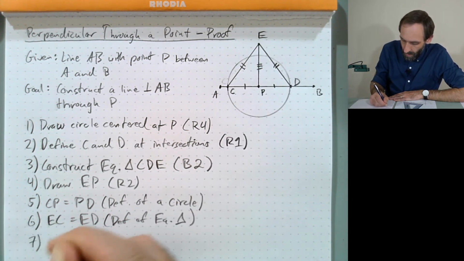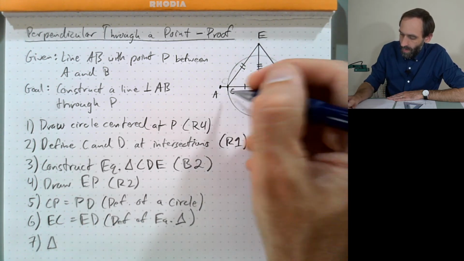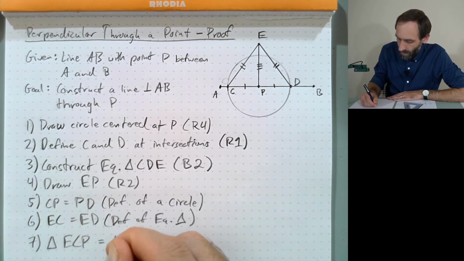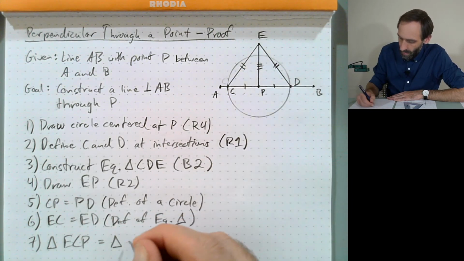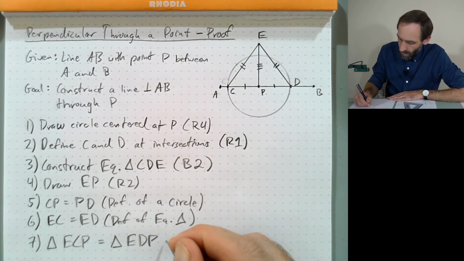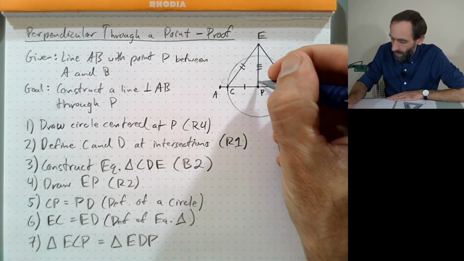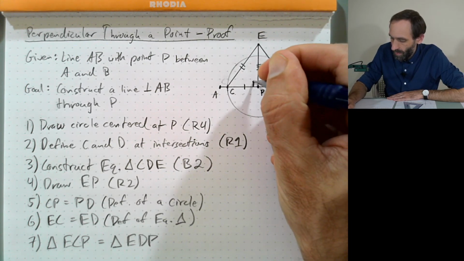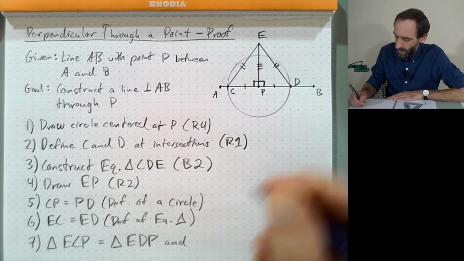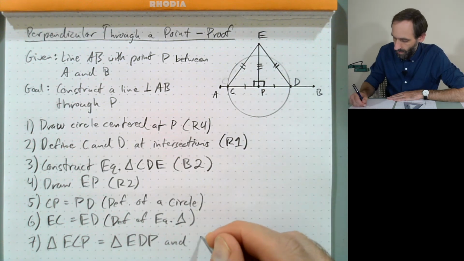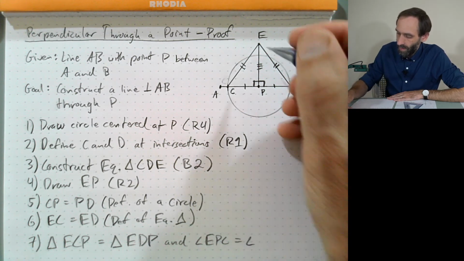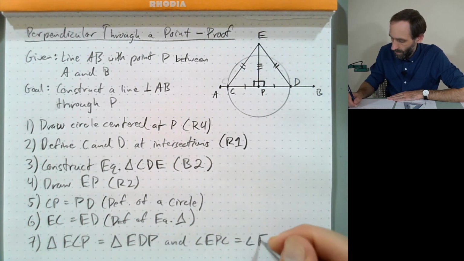So step 7 is to say that triangle ECP is equal to triangle EDP, and therefore angle EPC is equal to angle EPD.